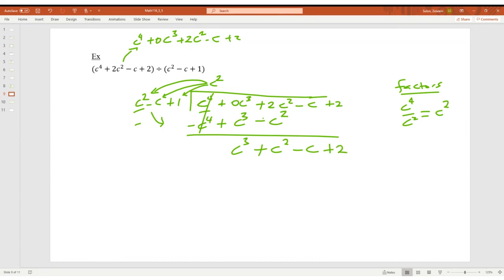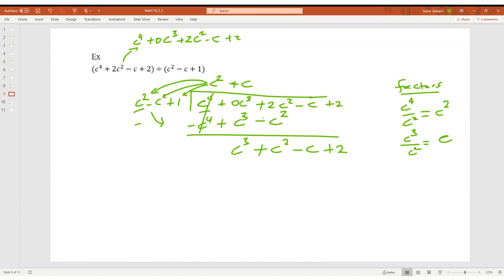The next will be c to the power of 3 divided by c to the power of 2, which is just c, because 3 minus 2 is 1. So I have, is that positive? Yeah, plus c. Back multiply, we do the same thing.